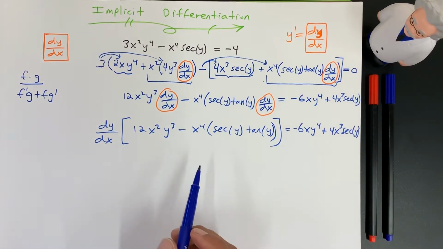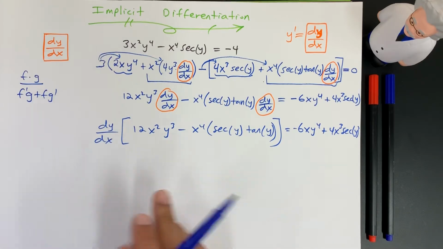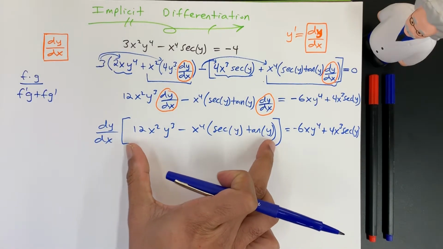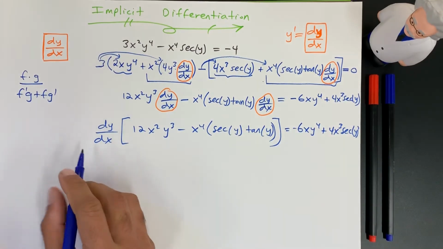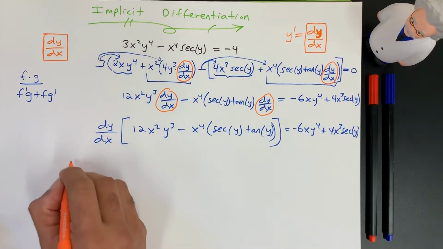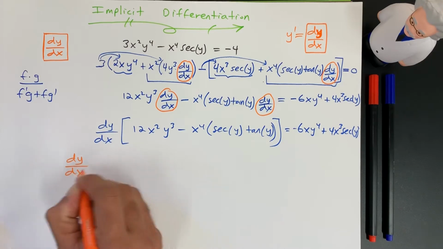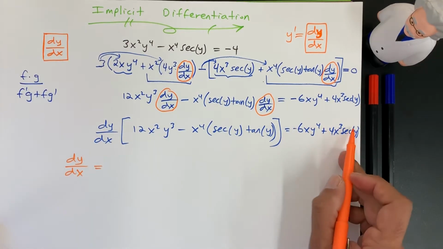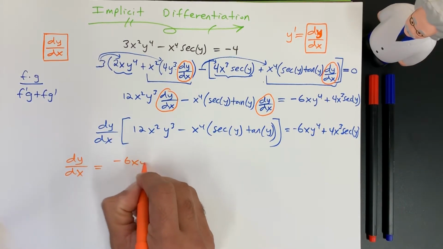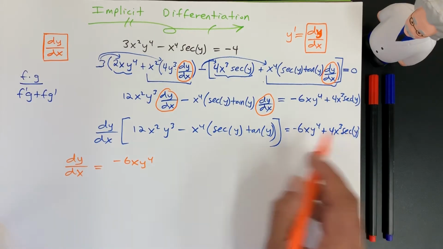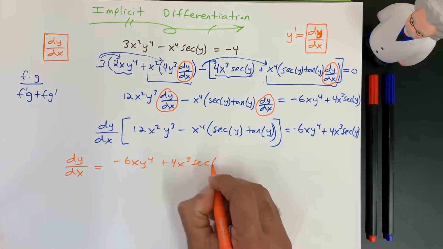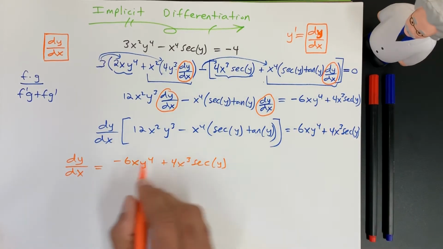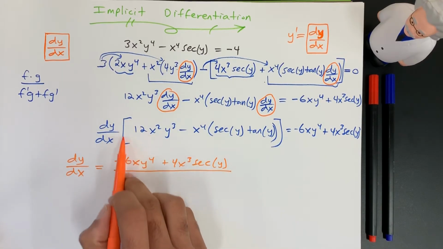Okay, and since I want dy dx by itself, let's divide this entire thing down to the bottom of this side. And so finally, we're gonna have dy dx equals this top part. So negative 6xy to the fourth plus 4x to the third secant y divided by everything here in this bracket.